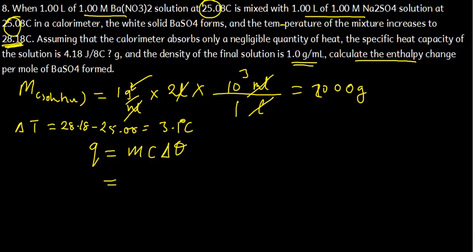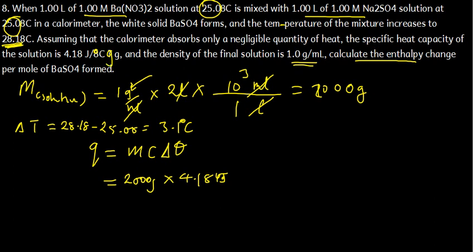So the mass is going to be the same mass which we have here, which is 2000 grams. Specific heat capacity is 4.184 joules. Okay, this was supposed to be per degree Celsius and then per gram.